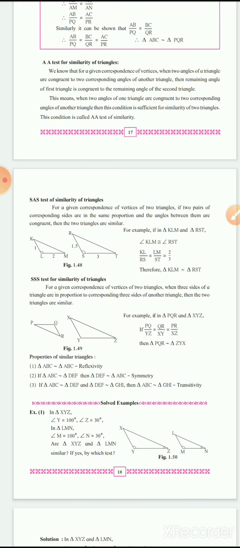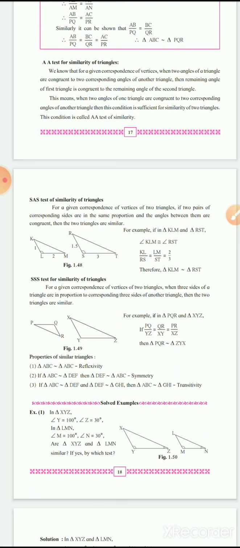This property is known as reflexivity. Triangle ABC similar to triangle ABC means each triangle is similar to itself.